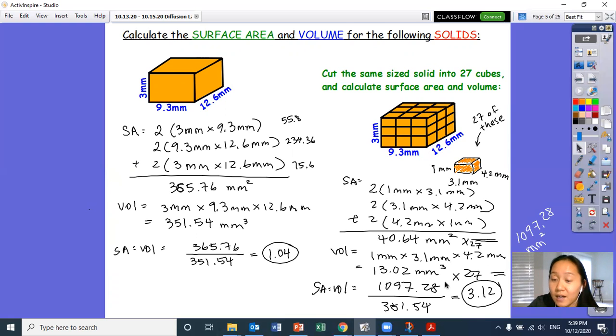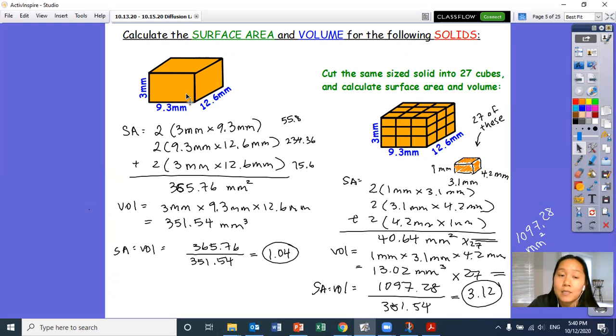That means the surface area is a little cube times 27, okay? And you get a much bigger number, so therefore your surface area to volume ratio is a 3.12 instead of a 1.04. And you notice that this is actually 3 times bigger than 1.04. So when you have the same volume, but a different setup, you get a lot more surface area ratio.